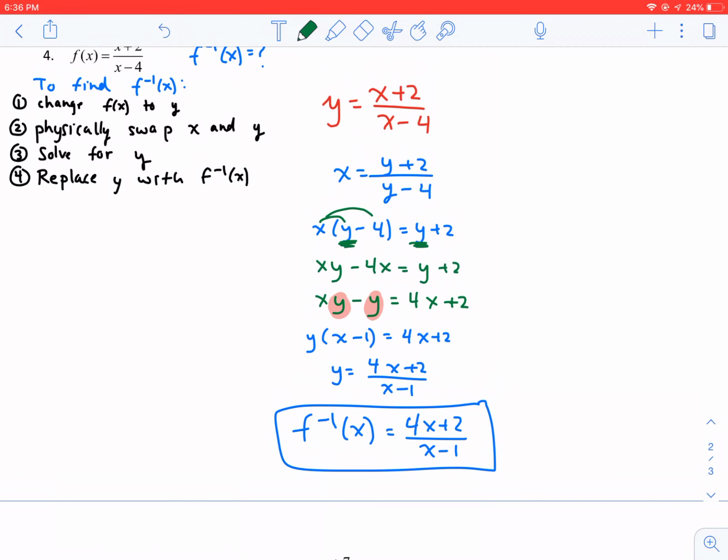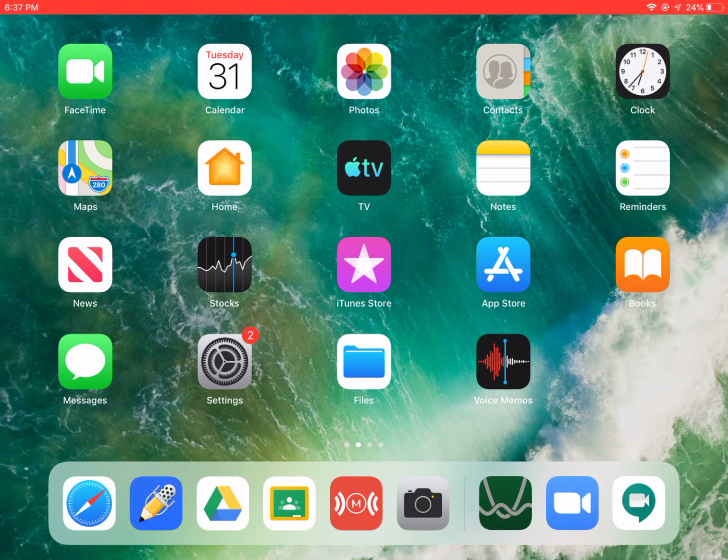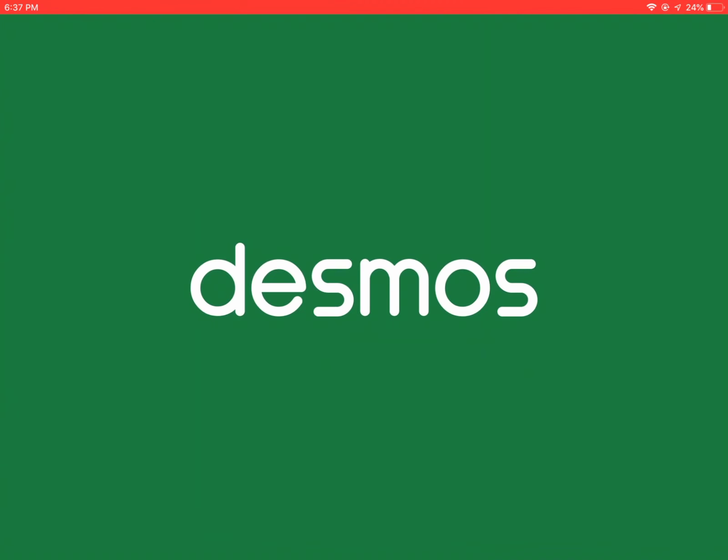Right, so I'm actually going to graph these two on Desmos real quick. Give me a second. So y equals x plus 2 over x minus 4. Oh yeah, you guys can see it here. So you can always check to see if you're correct by graphing.